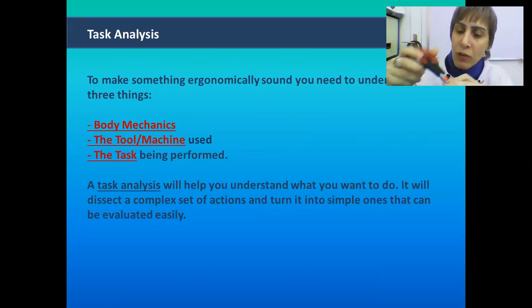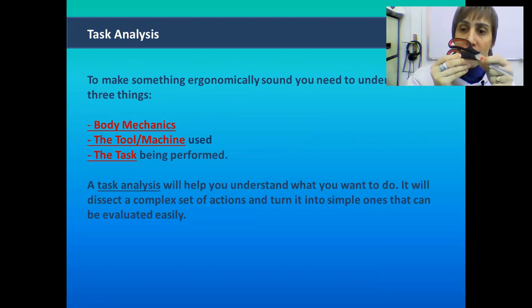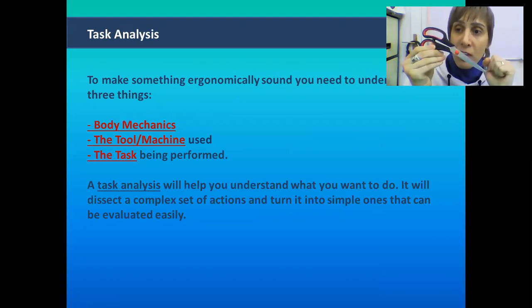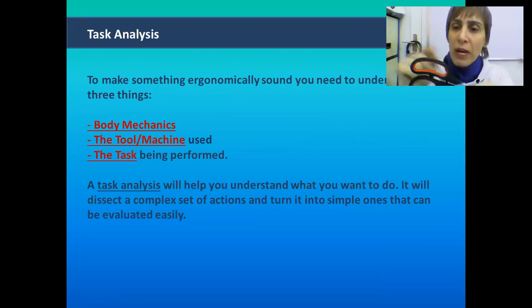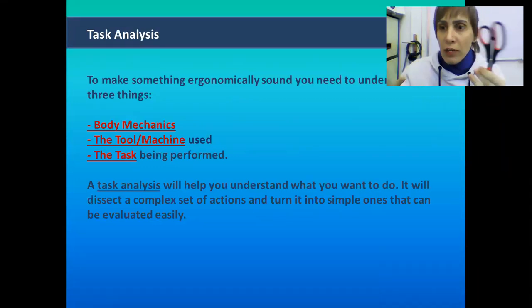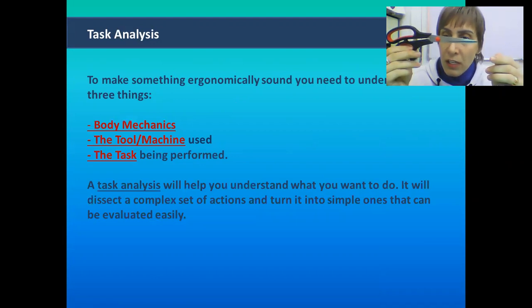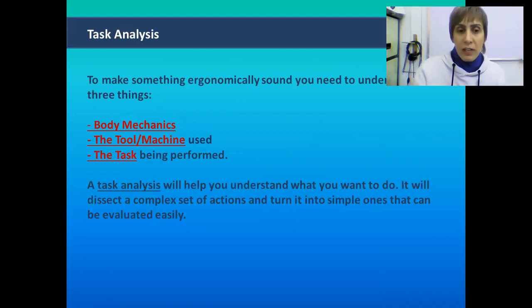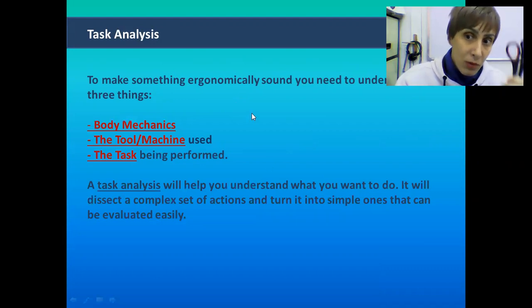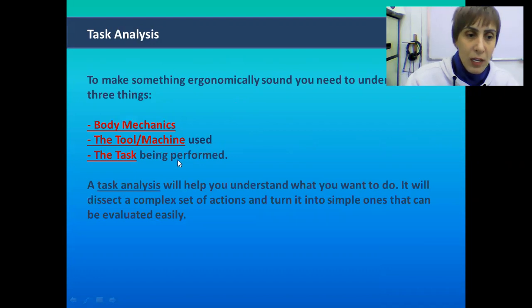If I don't understand, for example, why did they put this here? You see this part in this place? Or why did they make this in this shape and this in this shape? Why did they put a different material on the inside than the outside? If I don't understand, it will be a problem for me to find the design problems in this product.